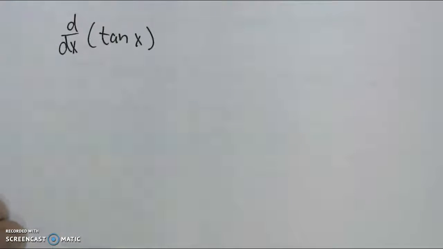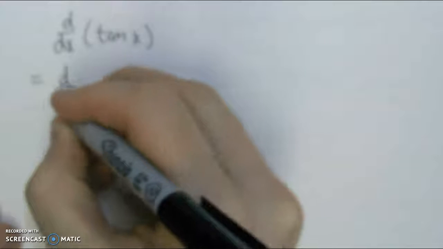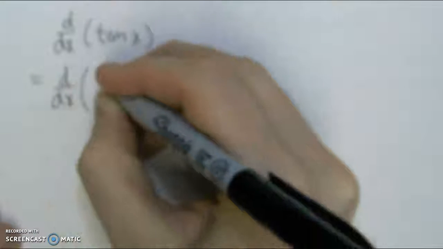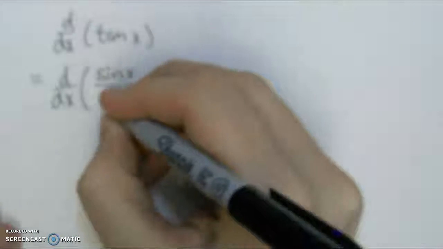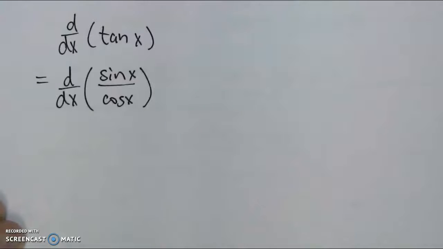So first, let's change tangent into sine over cosine. So what we are saying here is the derivative of tangent is the same thing as the derivative of sine divided by cosine. Well, let's take the derivative of sine divided by cosine.